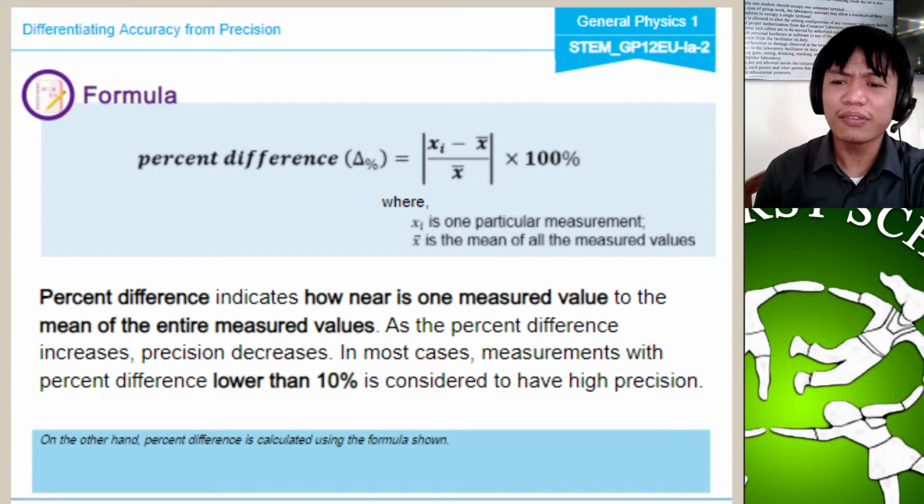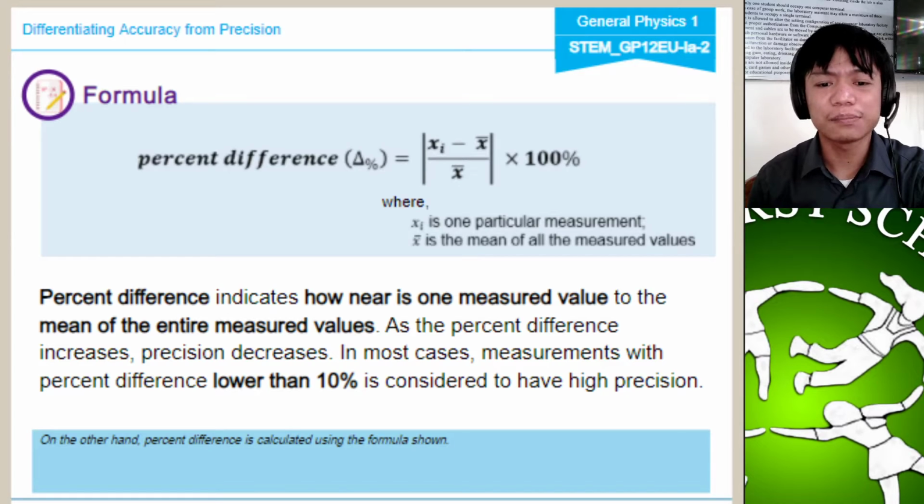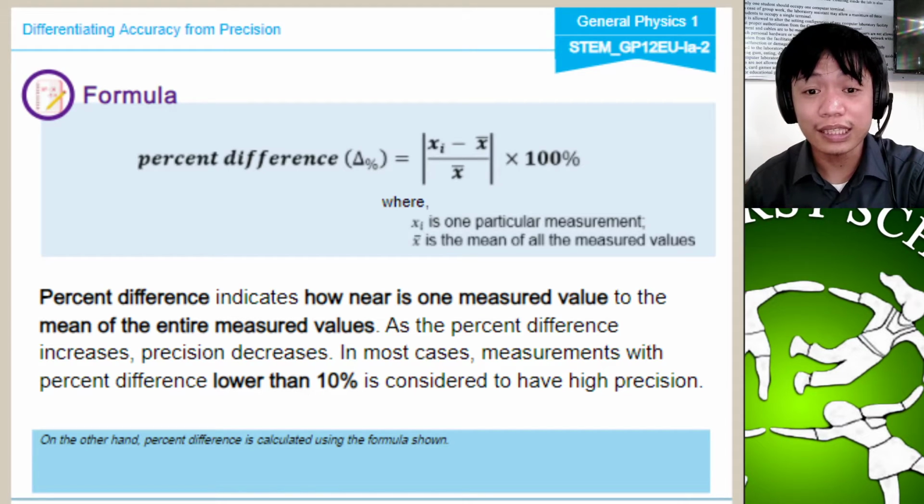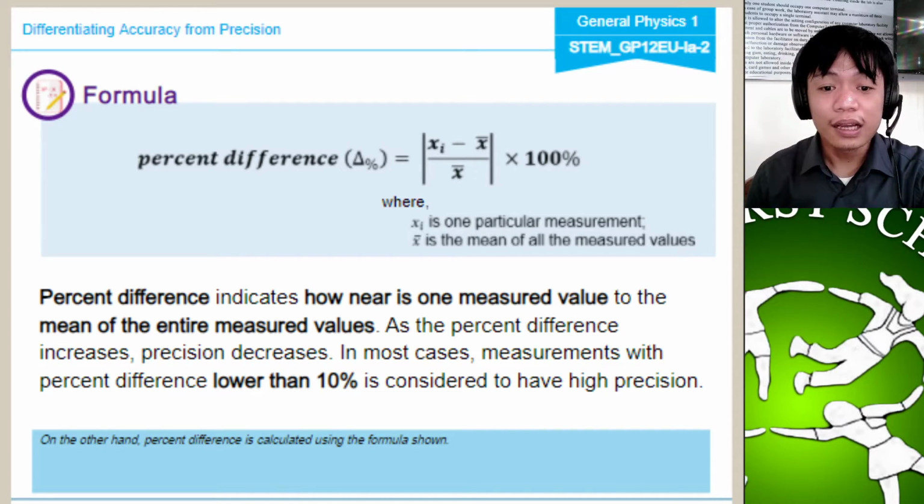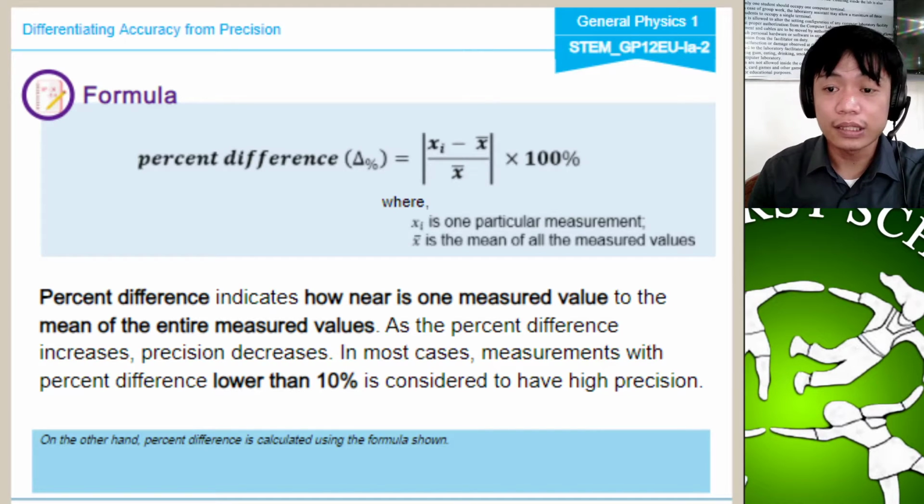So what is the difference between the two? As the percent difference increases, the precision decreases. So meaning to say, in most cases, mas papalapit siya sa accuracy. Okay? Measurement with percent difference lower than 10% is considered to have high precision.